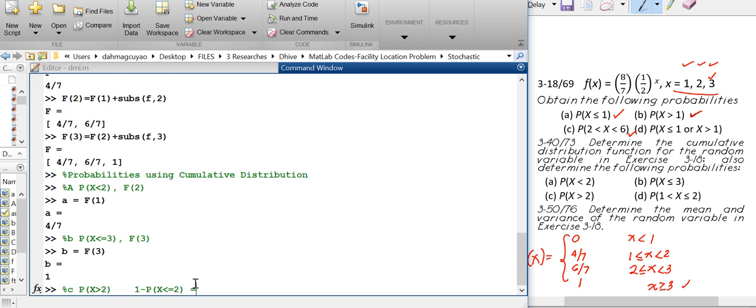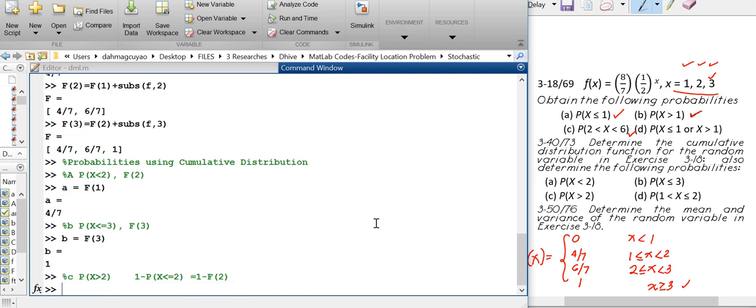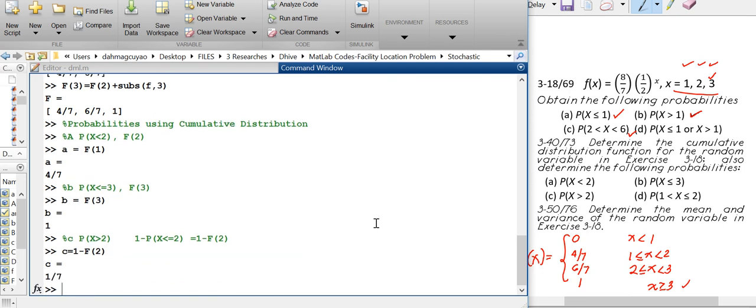So that would be 1 minus f of 2. So letter C is 1 minus f of 2. 1 over 7. So greater than 2 is the last one. So that is 1 over 7.